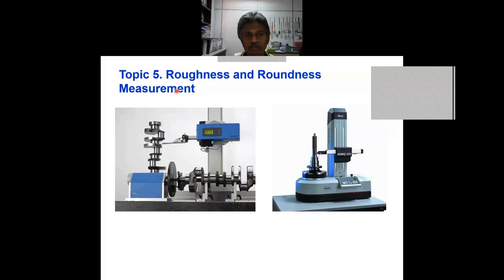Now, why is roughness important? There are many products like this. You can see a crankshaft here. Okay, there are many parts which are touching each other, rubbing each other and so on. And so whenever you have products where surfaces are in contact, you find that the surface finish quality is extremely important. Okay? So we need to quantify what that value is.